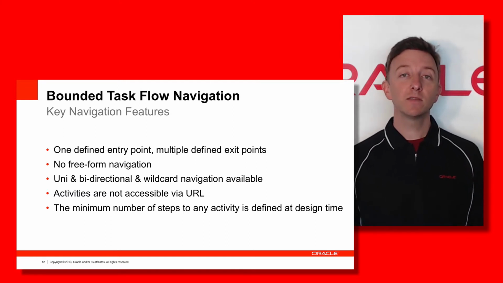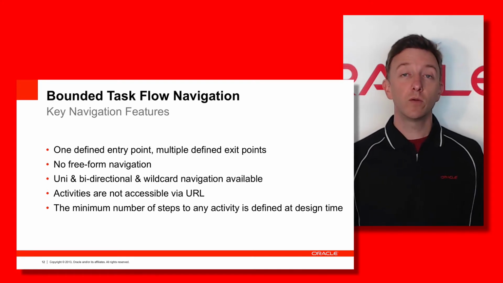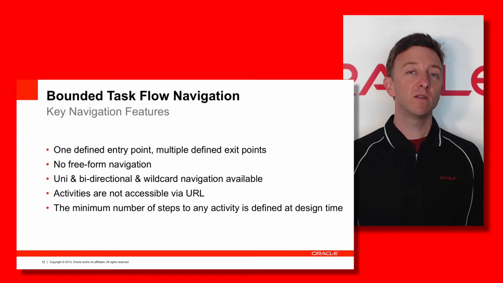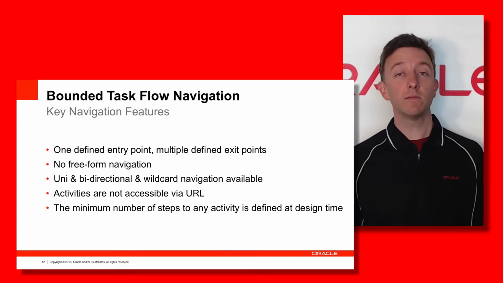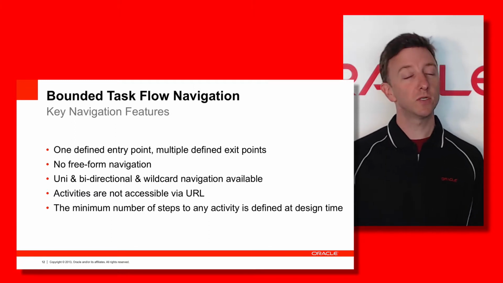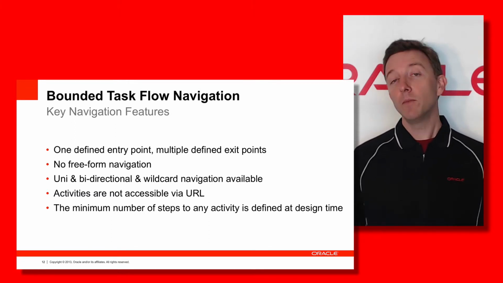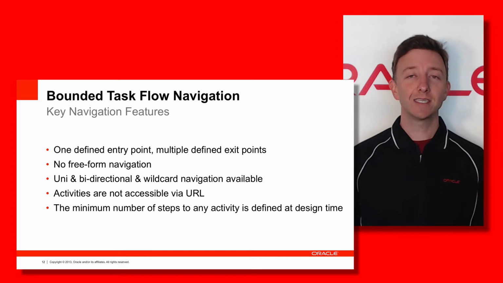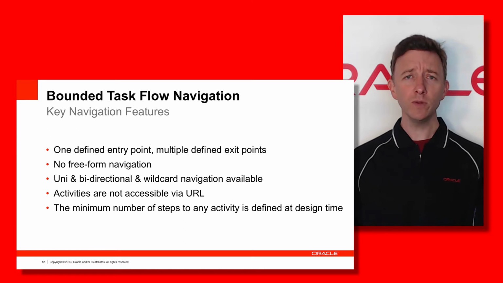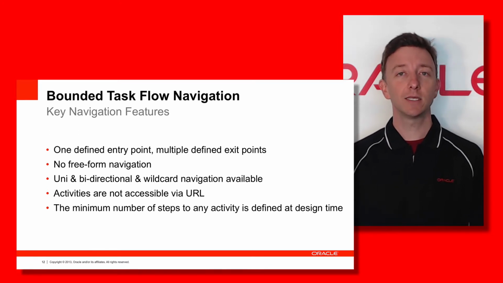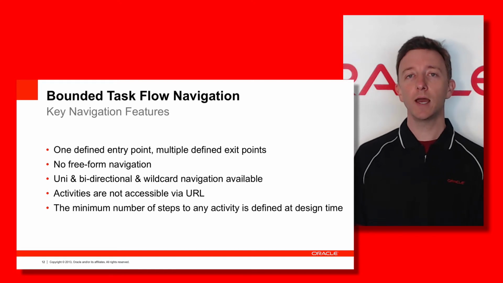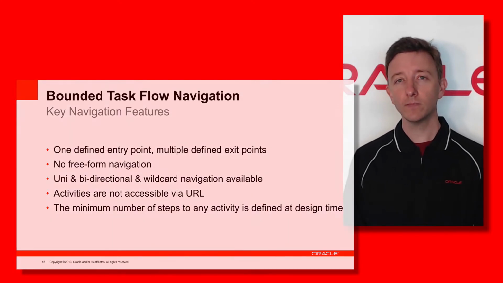In an unbounded task flow, if the user has a URL to any particular activity within the unbounded task flow, even though you might have defined a particular flow through it, the user can just use the URL in the browser to skip straight to that activity. But in a bounded task flow, if you've defined an activity as the third step in the overall flow, it will then take the user 3 steps to get to that actual activity. You've very clearly articulated the navigation model for that particular bounded task flow.